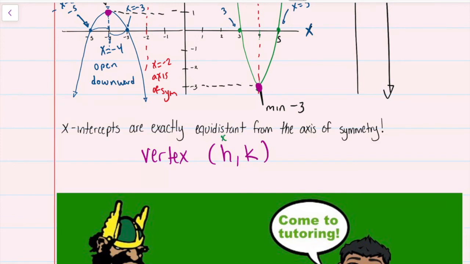So yes, it is technically an X and Y, but we call it H and K to differentiate its uniqueness. In this case, the vertex, which is right here, will give you your axis of symmetry, and your K will tell you whether it's a max or a min.